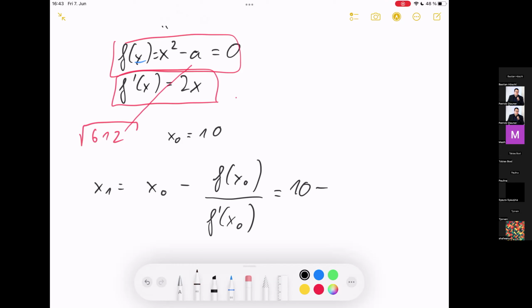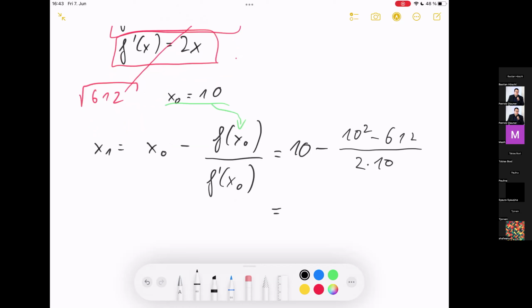So f of x0, and x0 is 10. So I'm putting this in. So I have x squared, so it's 10 squared minus a, and a is the 612. And I divide by 2x, and my x0 is 10, so 2 times 10.